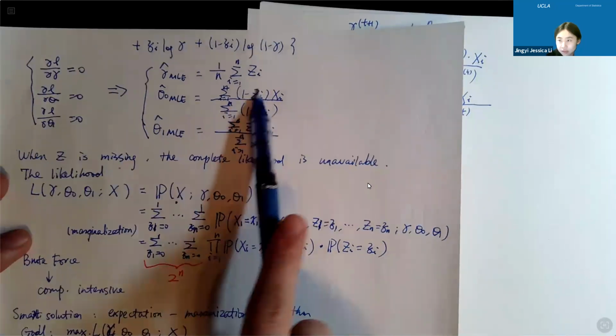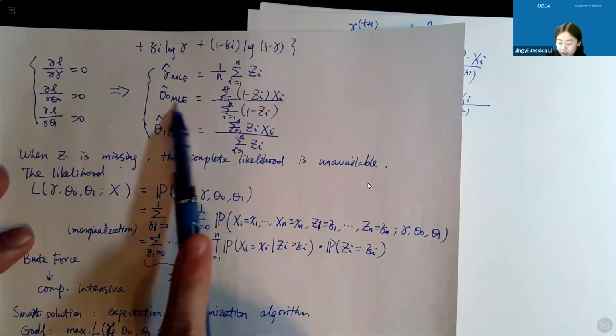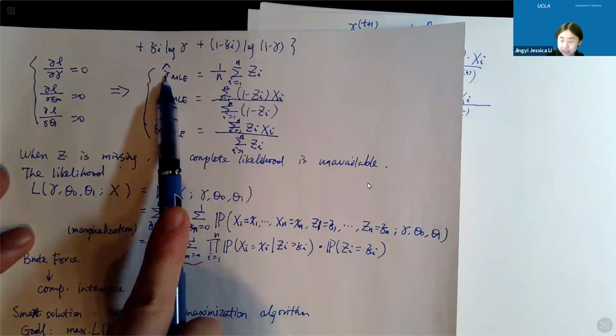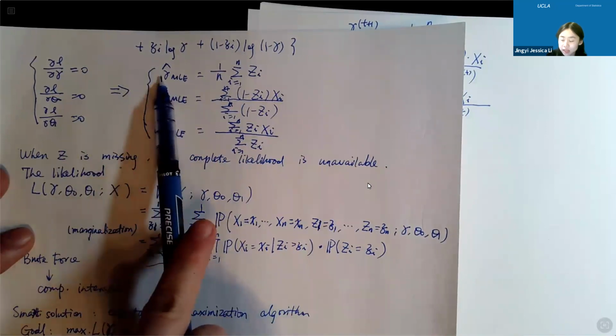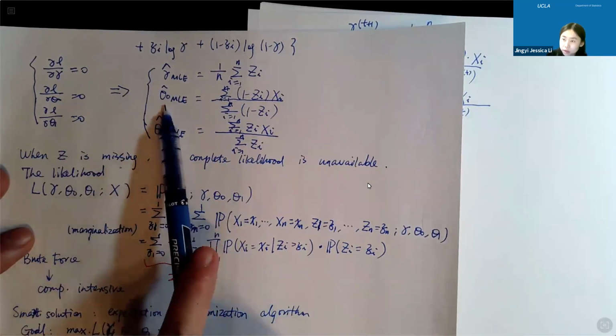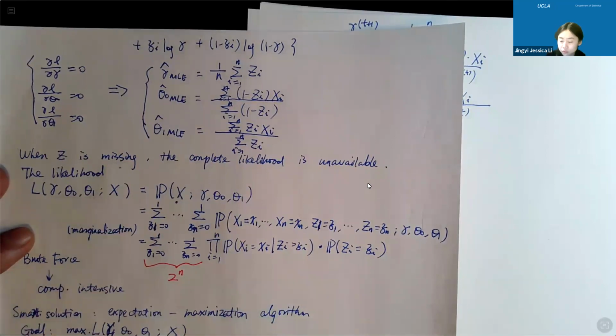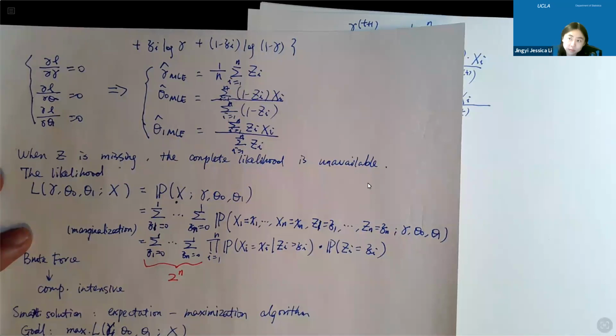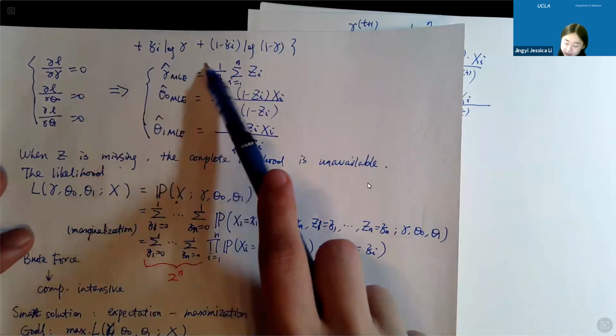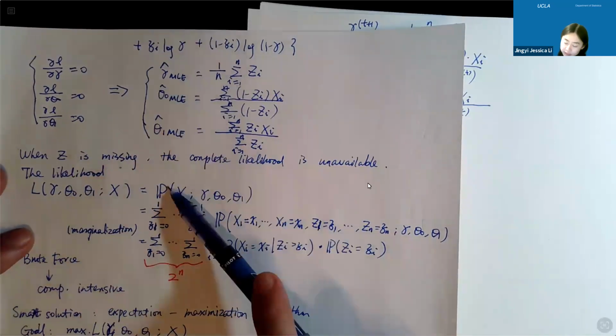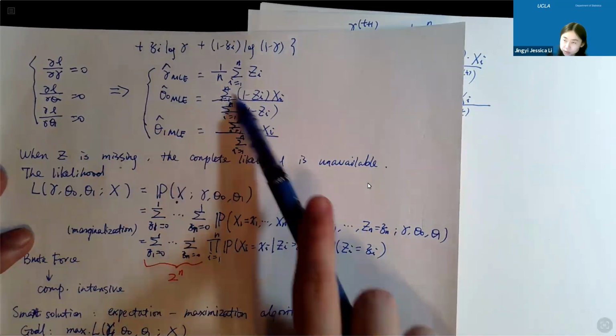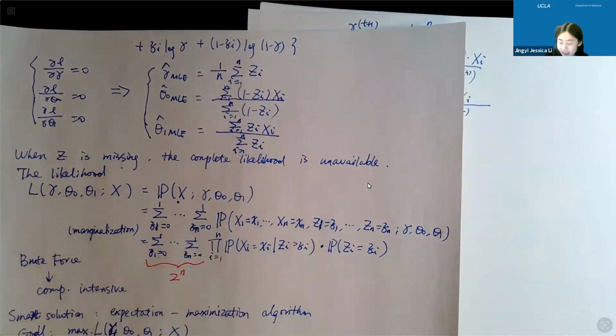For the Gaussian mixture model, you will have a gamma for the zi's success probability. You're going to have mu0, mu1 for the two means of the two Gaussian components, and sigma 0 square, sigma 1 square for the two variance parameters of the two Gaussian components. So you need to get 5 MLEs here. This will be used as your update formula in the M step.